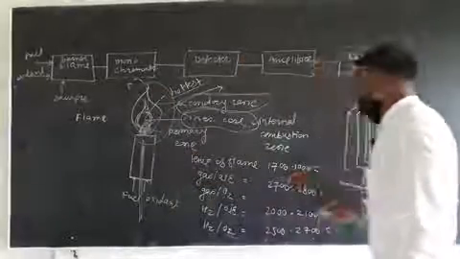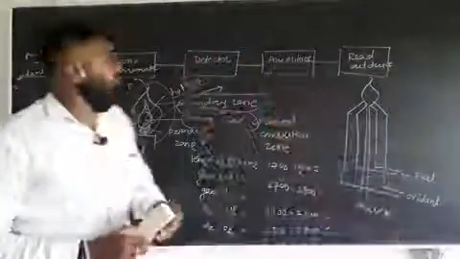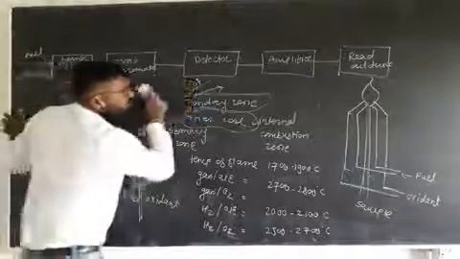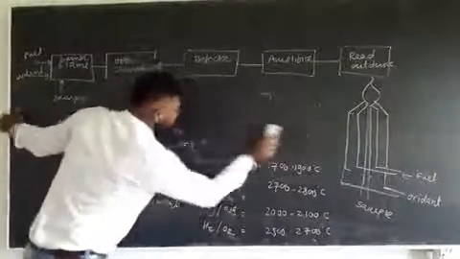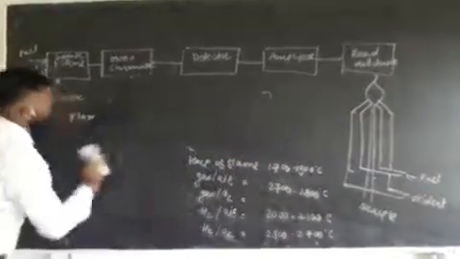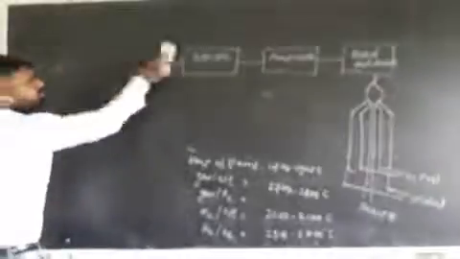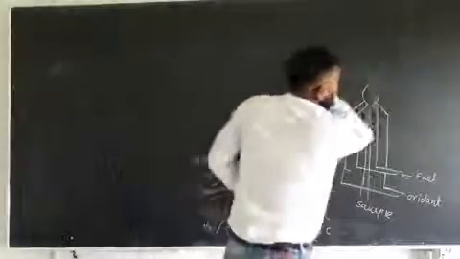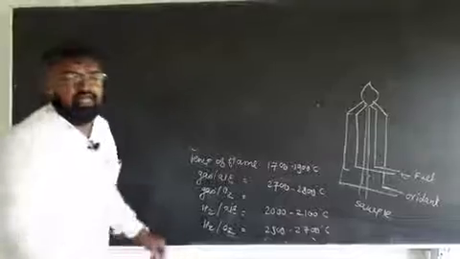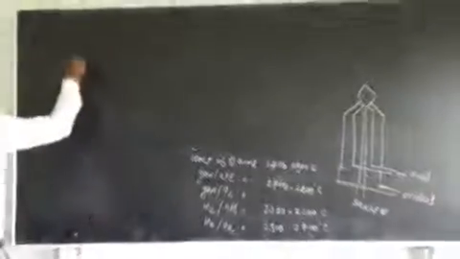Okay. Then just see the instrumentation. In the instrumentation, the burner is an important device because the burner produces the flame. In flame photometry, two or three kinds of burner are used.